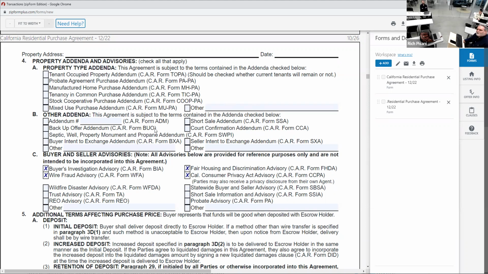Also, you should be adding the affiliated business addendum, disclosing what businesses we are affiliated with. If you're representing a buyer and you're asking the seller to use my NHD, we have an affiliated business with my NHD. You need to disclose that.